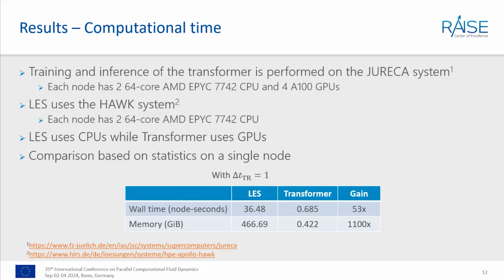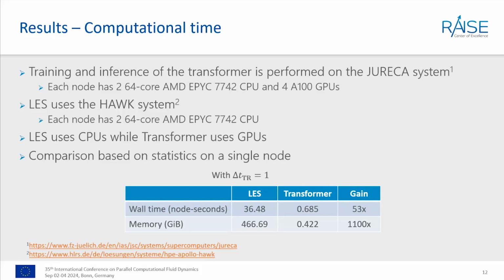So these are the numbers that we obtain for a single time step of the transformer model. In terms of wall time, we have a significant gain of about 53x when we compare both, while in terms of memory, it's even higher. So the summary is that even if we use this model for a single time step, we already gain significantly in both wall time and memory.